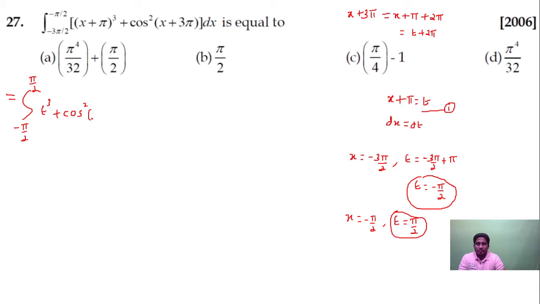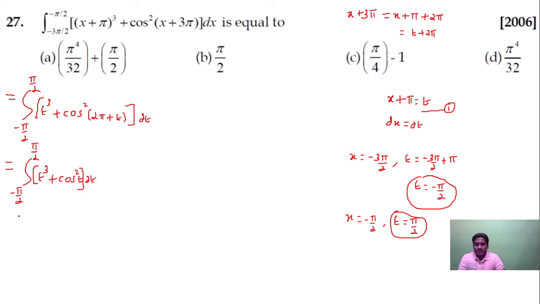So let me substitute here: this is 2 pi plus t. Anyways, in the first quadrant all are positive. And dx is equal to dt. The limits are minus pi by 2 to plus pi by 2. So this is t cube, and then you get 360 plus theta, first quadrant, so you get cos square t dt.